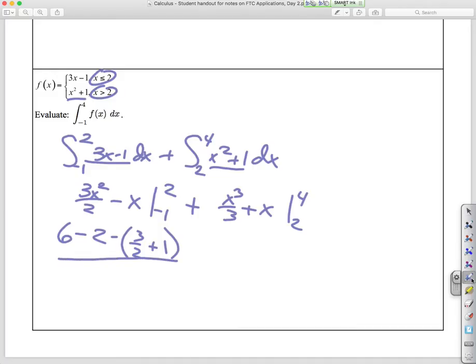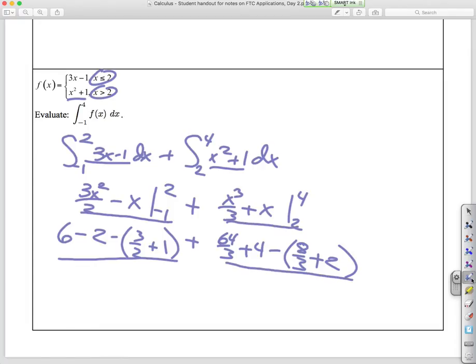So this right here comes from that. Plus, plug in 4, that's 64 over 3. Plug in 2, that's 8 over 3, and 2. So all of this came from that.